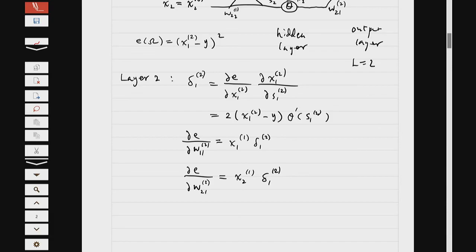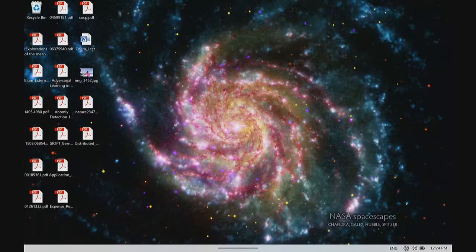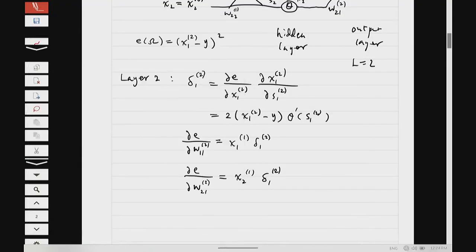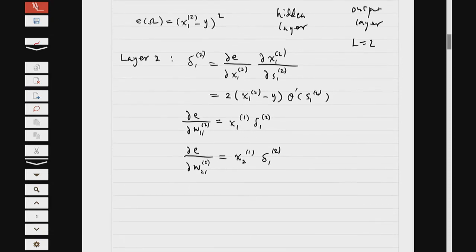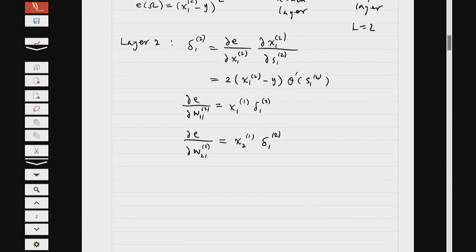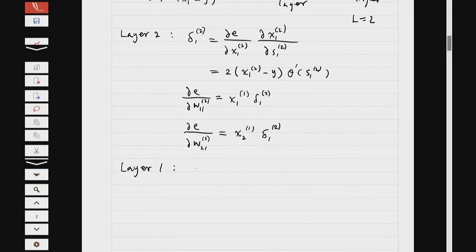And of course, we already have delta 1 of 2 above there, and substitute everything in. Then you find the derivatives at this layer. Again, nothing new. As I said, this part of the example is not that exciting. It's just repeating the formula.